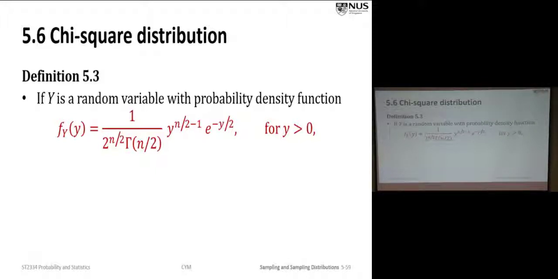Don't worry about the form, but at least from this description, what is the range of this random variable Y which follows a chi-square distribution? Is it over the real line or just part of the real line? It tells us that it's equal to this quantity only when Y is positive, and it will be 0 otherwise.